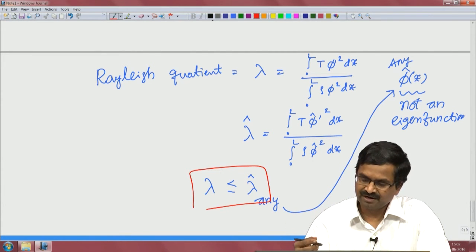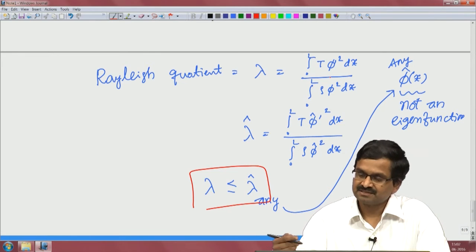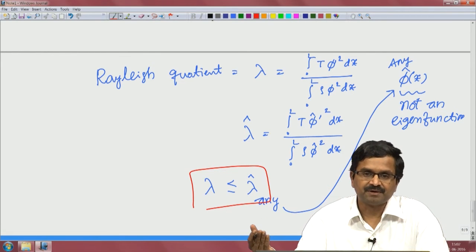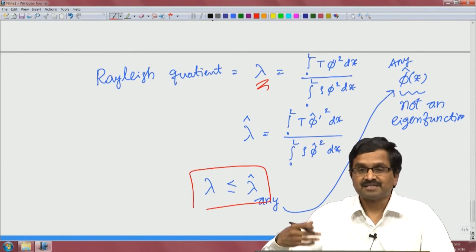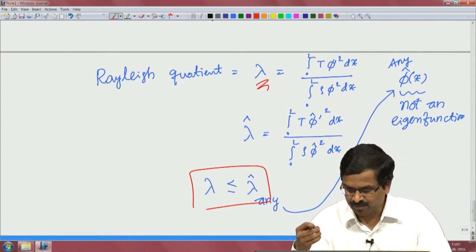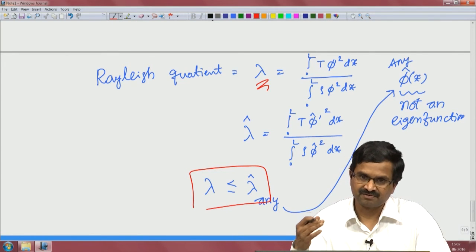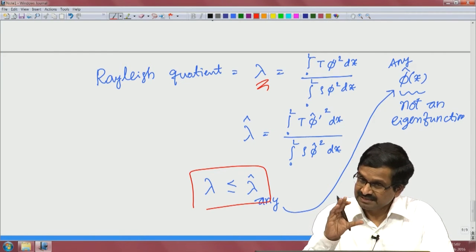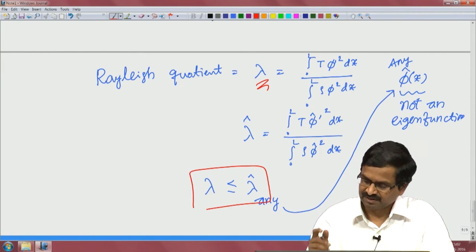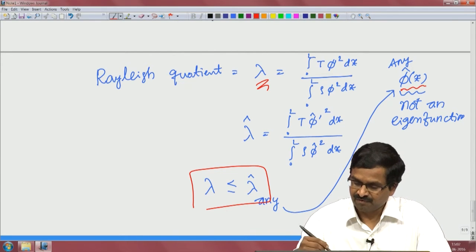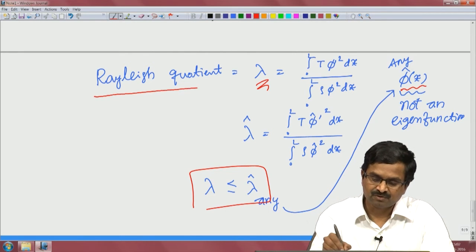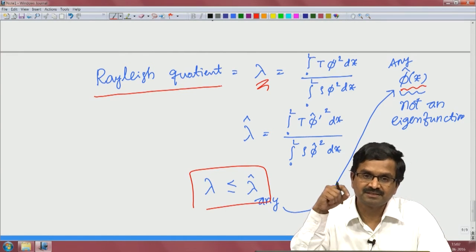Okay. So when you have the Rayleigh quotient, you can guess some phi, and you will get some lambda. That lambda you can consider is larger than the real lambda, the fundamental frequency. But then there are several lambdas, so we can propose a theorem that considers the fact that there are several lambdas. If you are in the vicinity of a particular eigenvalue, no matter what function you take for phi, the one that you evaluate using this Rayleigh quotient is going to be larger than the real value.